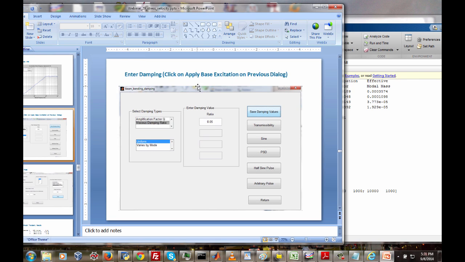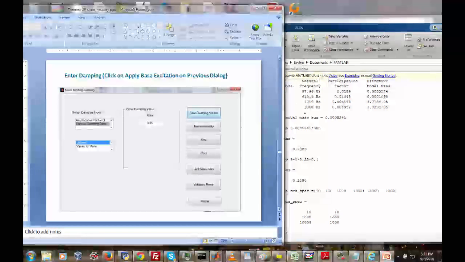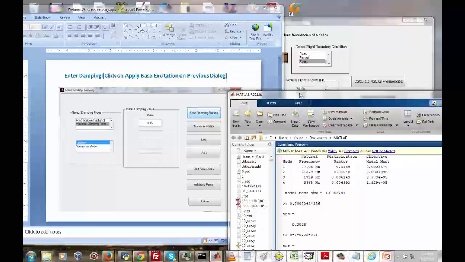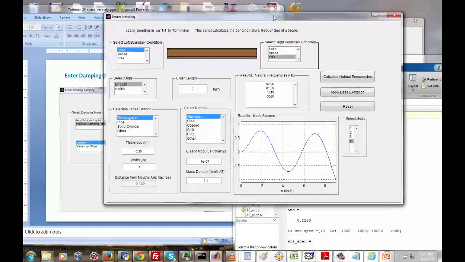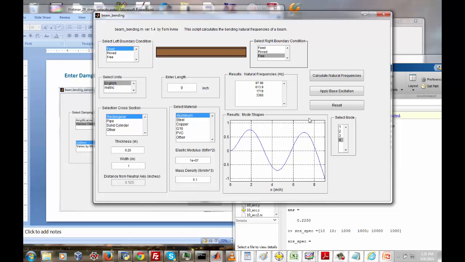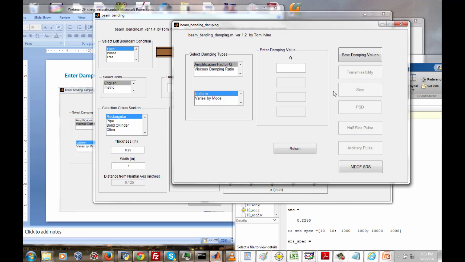So let's go ahead and enter in our damping. To enter in our damping, actually we go back to this GUI here. And we go to, these are called dialogues. Sometimes I call these pages or menus. These are really dialogues. Okay, I need to get my terminology correct. We're back to this GUI dialog. We're going to apply a base excitation.